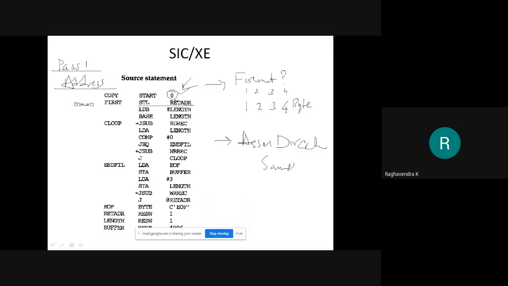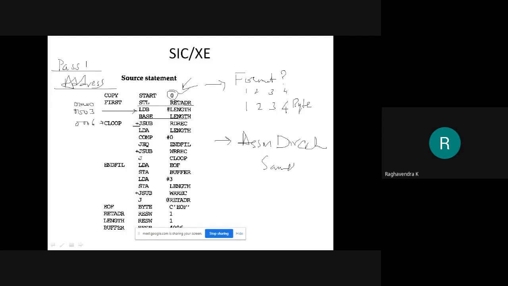This is a 3 byte instruction, so we increment by 3. So it is 0003. Now this is once again a 3 byte instruction. I mentioned that this is an assembler directive, so let us skip that part. So this is 0006. At 6 we have an extended format instruction.